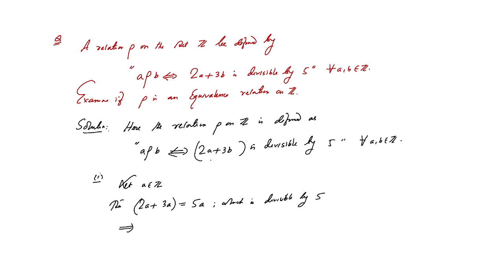So that means 2A plus 3A is divisible by 5, that is, A is related to A. Therefore A related to A holds for all A belonging to Z, because our A was arbitrary, and that implies rho is reflexive on Z. Now we come to the symmetry point. For the symmetric relation, let A, B belong to Z be such that A rho B holds.